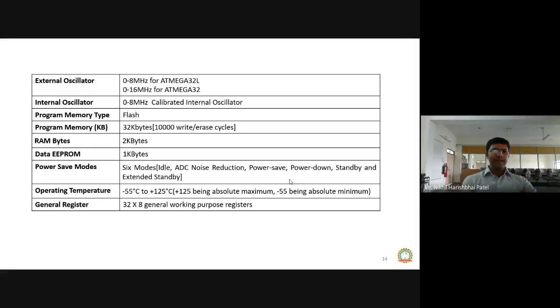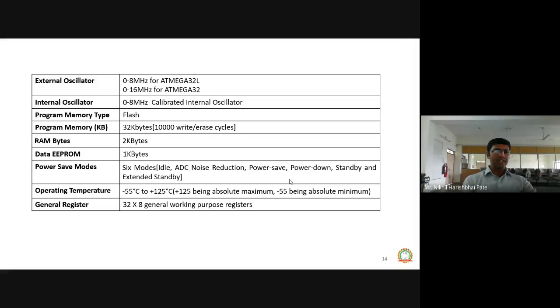The program memory type is flash. We can erase the entire chip, block-wise and register level. The size of flash is 32 kilobytes, and with 10,000 write and erase cycles, we can erase up to 10,000 times and write 10,000 times.